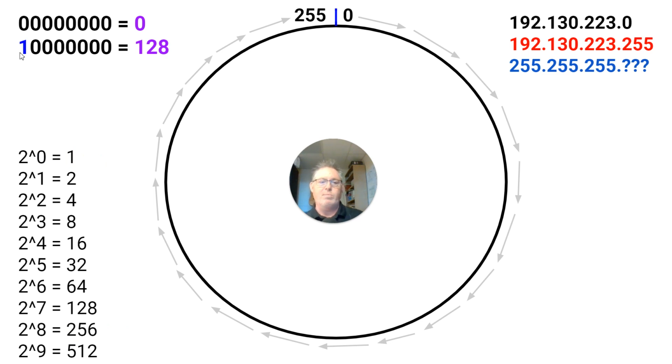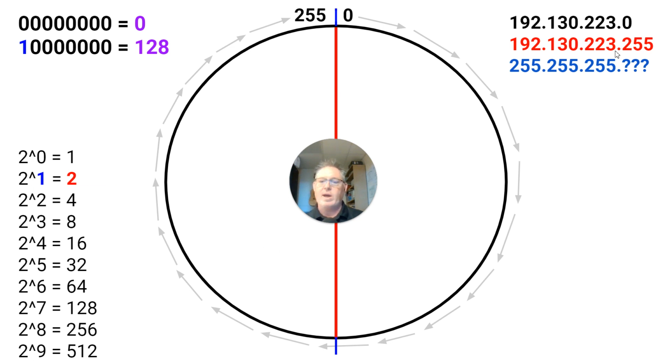Now, if we borrow one of those bits, that changes things. So when we take one of our host bits and make it a 1, that turns the value into 128. What one bit does in the mask, 2 to the first power, means we're going to have two sections of our numbers, or two networks.